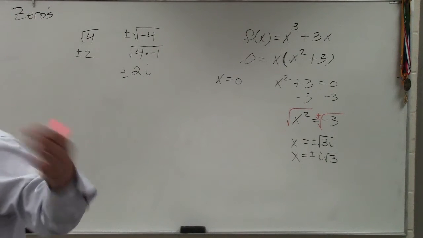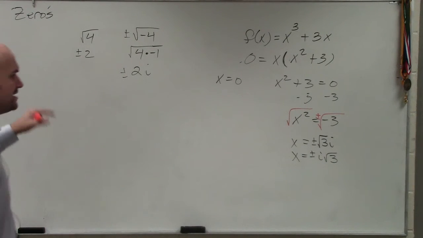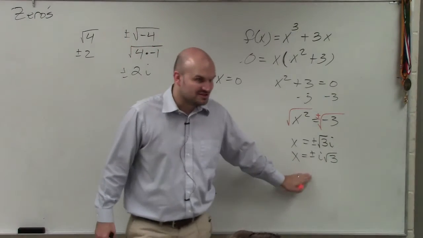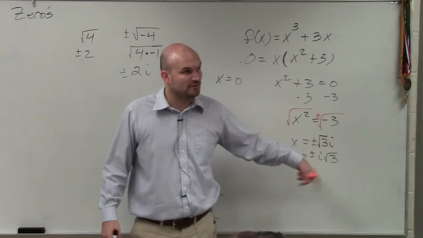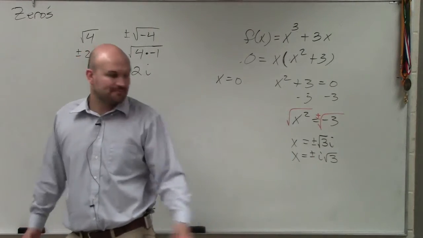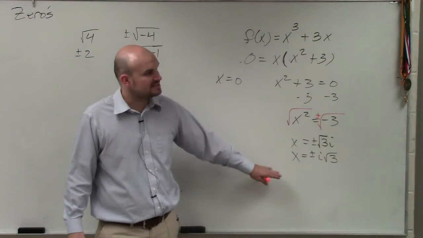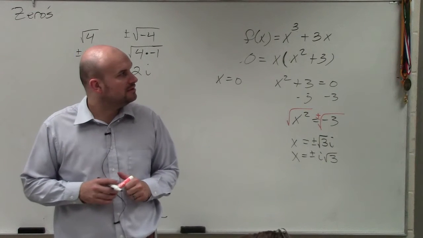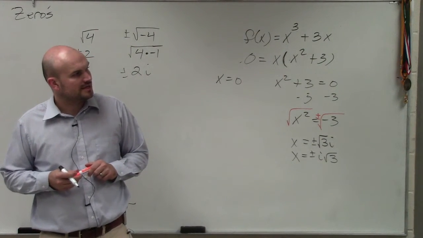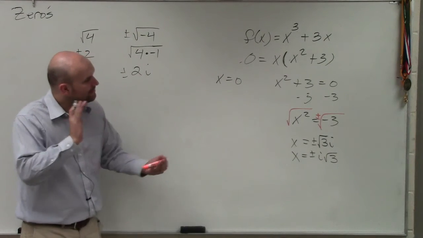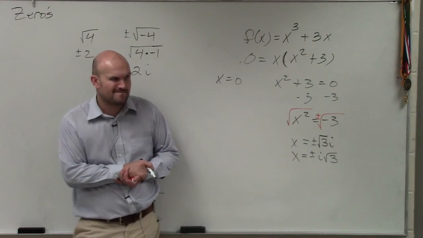So we often write 3i. However, when I'm talking about square roots, just get used to writing the i in front, because if you wrote it and your square root went over it, technically it's wrong. All right? Does that make sense? So everybody kind of understands that, right?